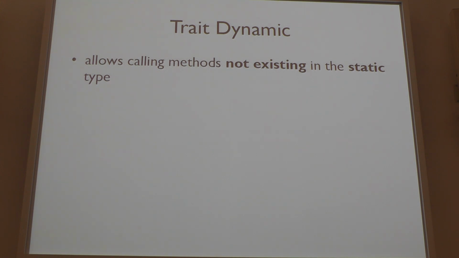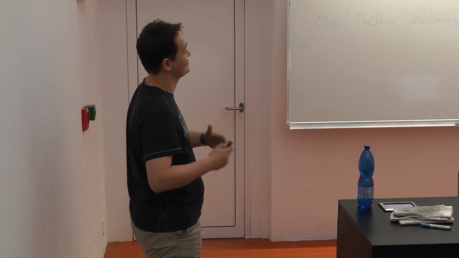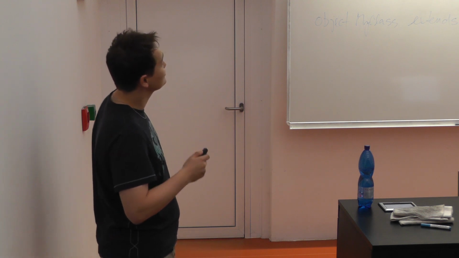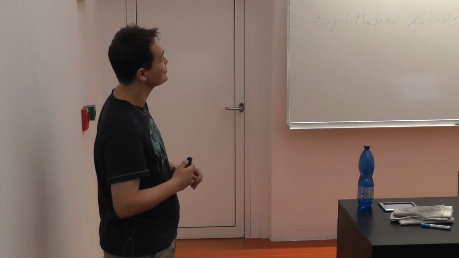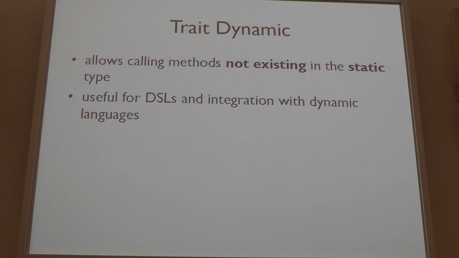At the end, it's statically checked, but it looks like a dynamic language. It allows you to call a not existing method on a static type. I will give you an example and you will know what I mean. It's very useful when you want to create a domain-specific language or you want to integrate your code with some dynamic language.